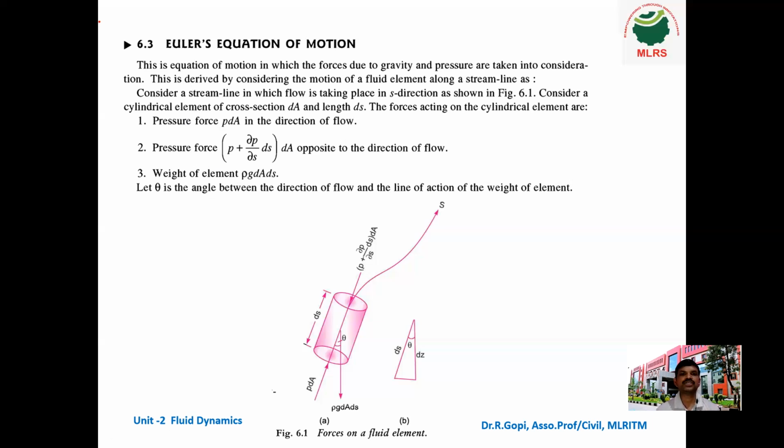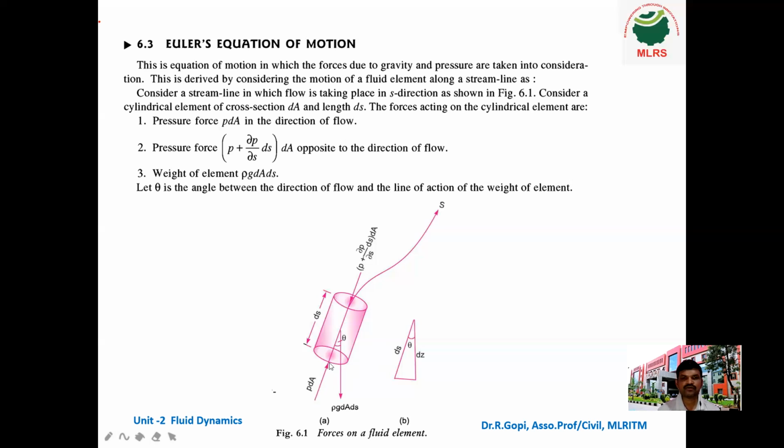The second one is also a pressure force, but it acts in the opposite direction as per Newton's third law. What is Newton's third law? Every force has an equal and opposite force. In the same way here, consider this cylindrical element of length ds and area dA.